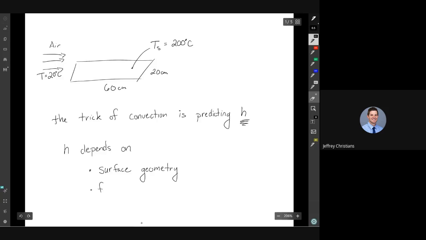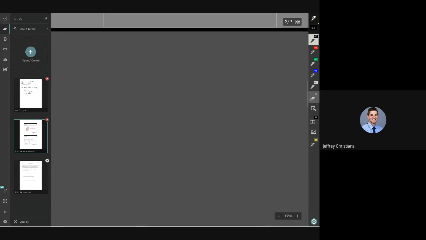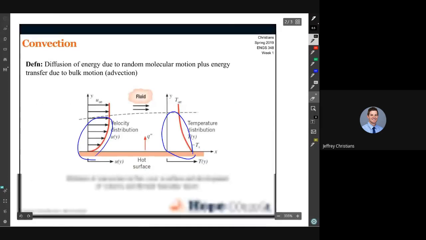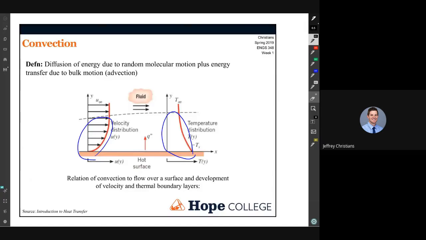It depends on fluid properties. And this is where things can get really exciting because fluid properties change with temperature. And we already said, if I just flip back to here, if fluid properties change with temperature, the temperature down here is different than the temperature here in the middle, is different than the temperature here at the top. So things get exciting.